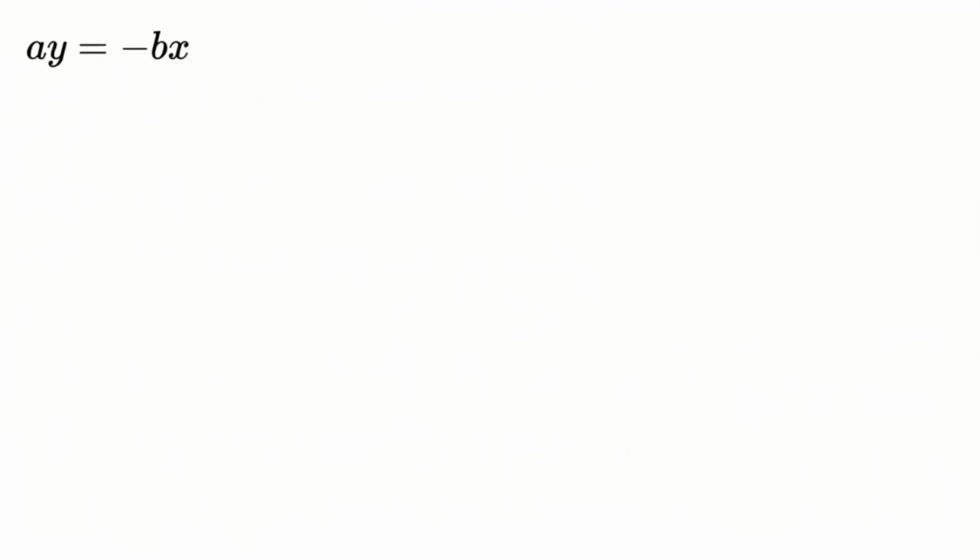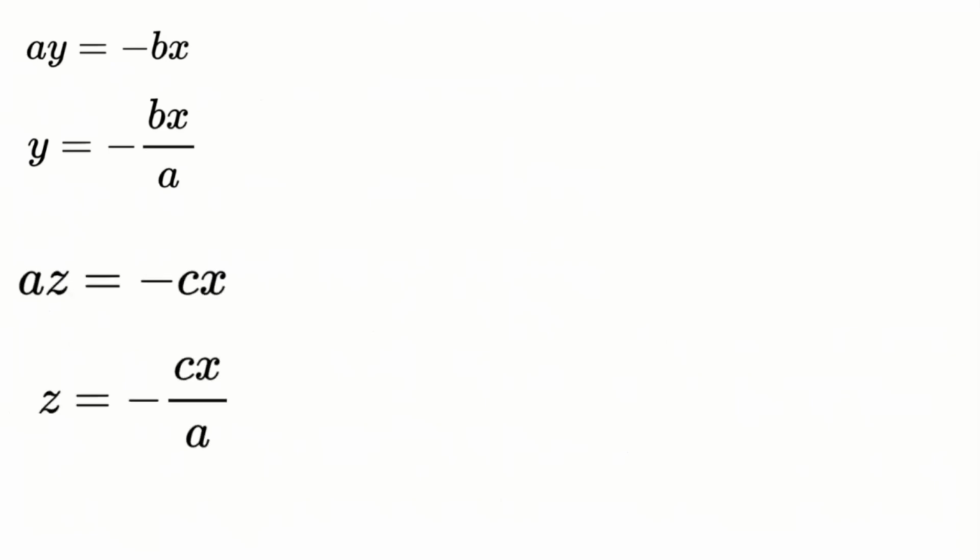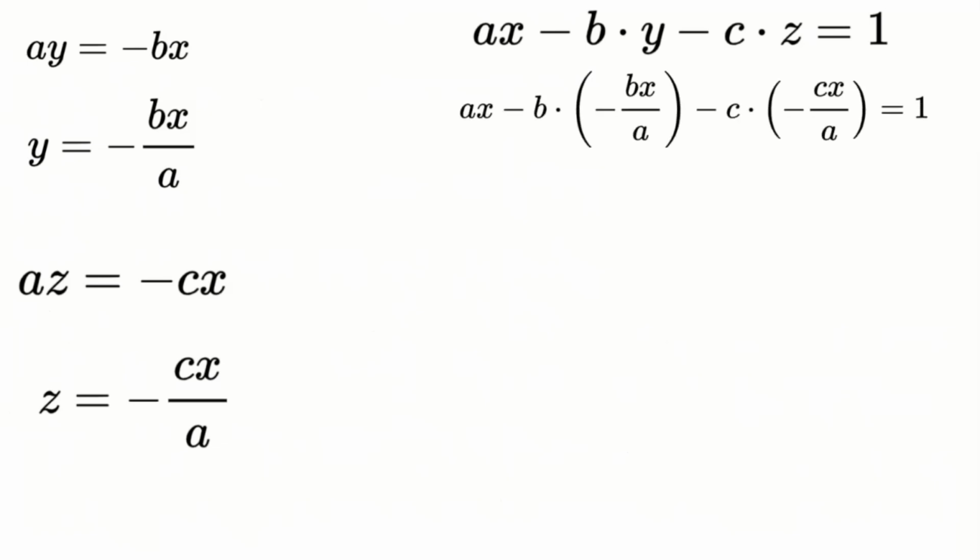Now solve the second and third equations first. From the i part, ay equals negative bx, so y equals negative bx over a. From the j part, az equals negative cx, so z equals negative cx over a. Now plug both y and z into the real equation. ax minus b times y minus c times z equals 1. Substitute ax minus b times negative bx over a minus c times negative cx over a equals 1.